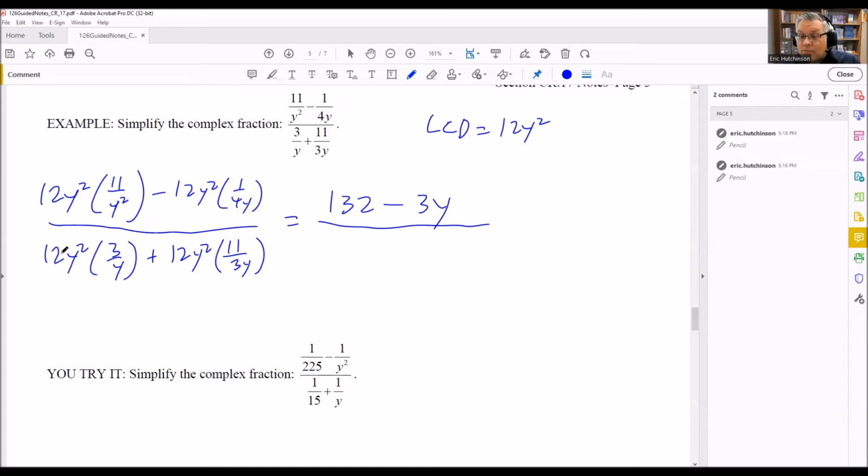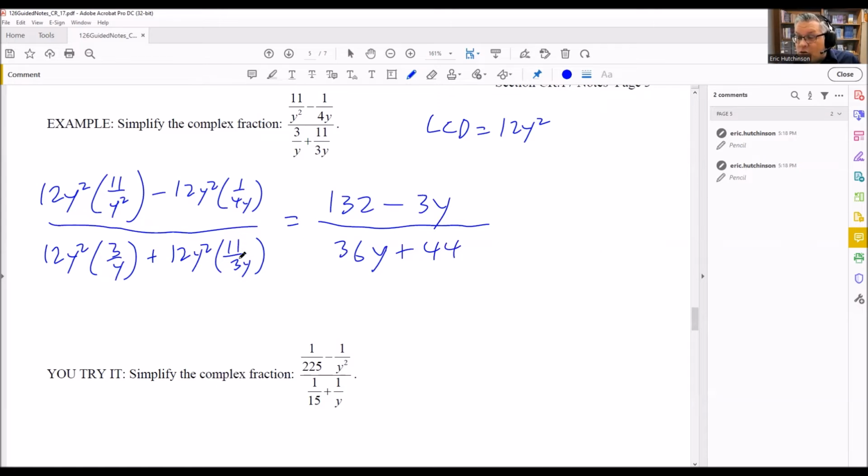On the bottom, 12 times 3, 36. Then y squared, we're subtracting 1. Y squared over y will just give you 1y. Plus 12 divided by 3 is 4. But then we have 4 times 11, so it's going to be 44.